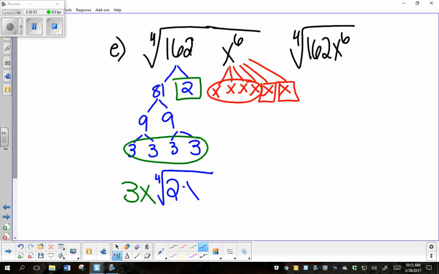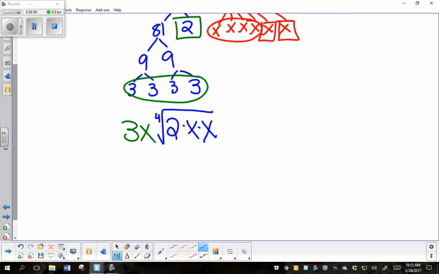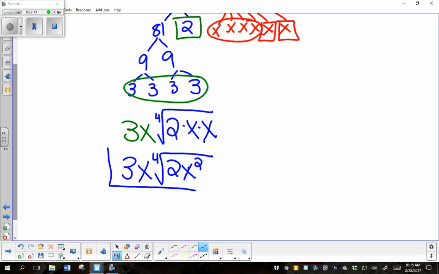So on the inside is 2 times x times another x, because this 2, this x, this x. Stop trying to jump ahead. So then, since we can simplify what's in here, we want to. So we've got 3x on the outside times the 4th root of 2x squared. That's your answer.